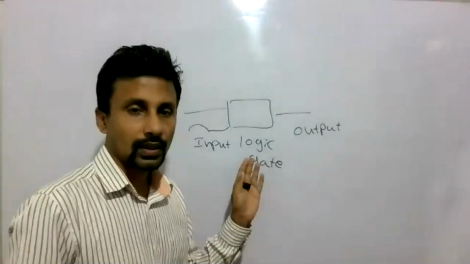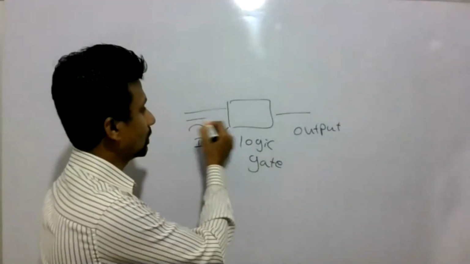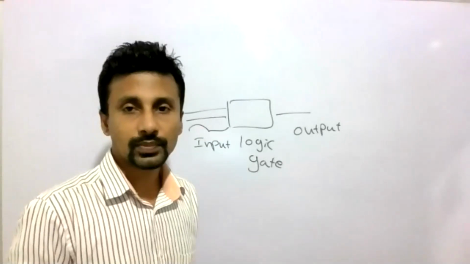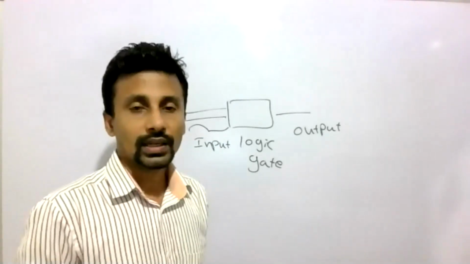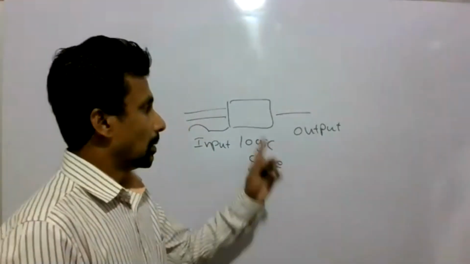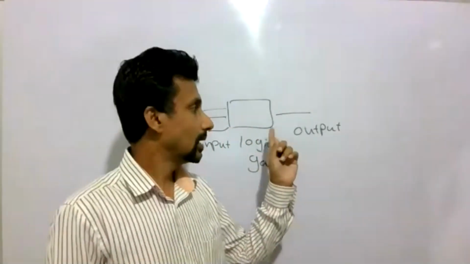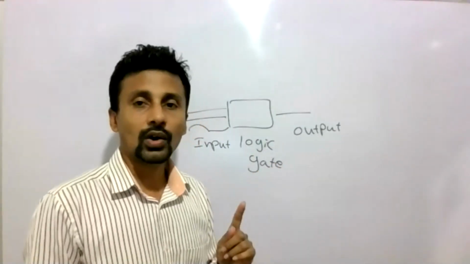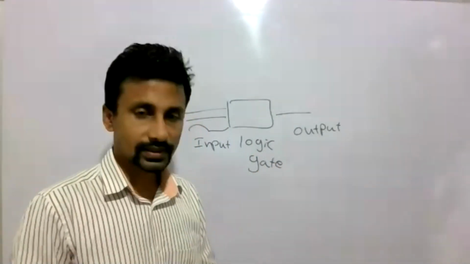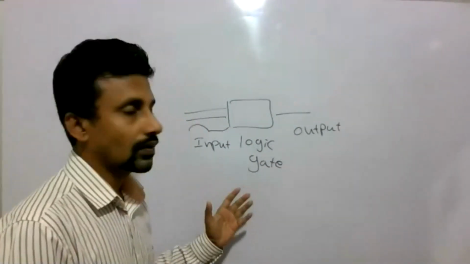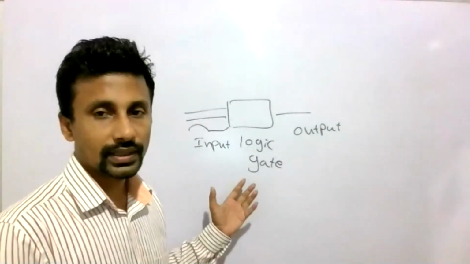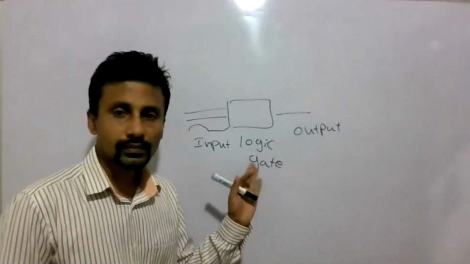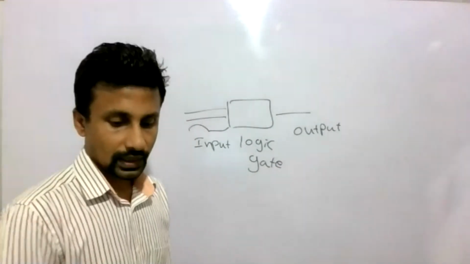You can have 1, 2, 3, 4 inputs, even more than 4 is possible, but in your syllabus you will learn up to 3 inputs. But remember, all the time you have one output. So this is the basic structure of the logic gate, and whatever gates we discuss will follow this structure.